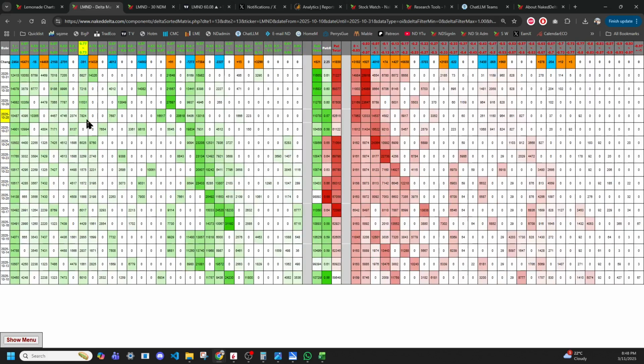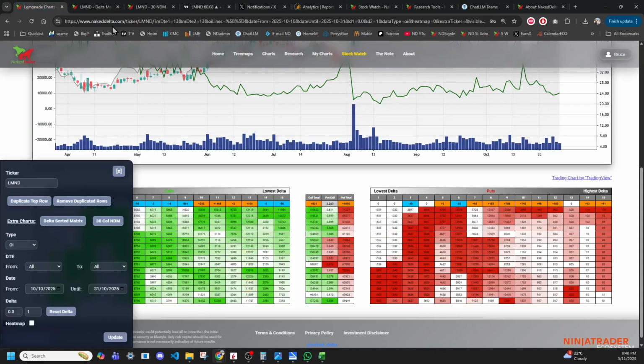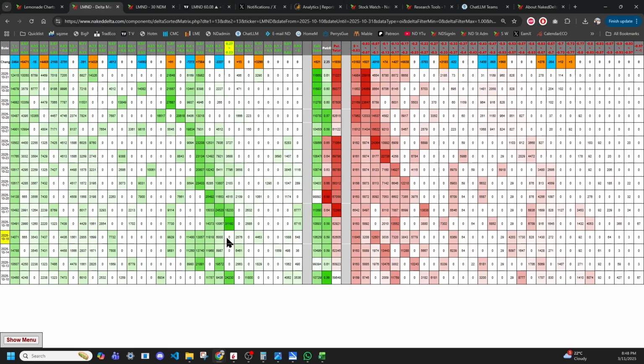So it can have a lot of columns, and what it's actually doing is showing to you how that open interest is moving around at the money, because their deltas aren't going to stay in a straight line in the column as they might when we're looking at a straight up and down matrix. It gives you a good idea of how things are moving between the deltas.